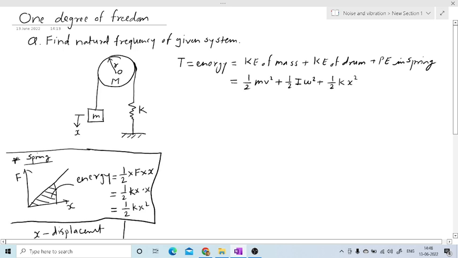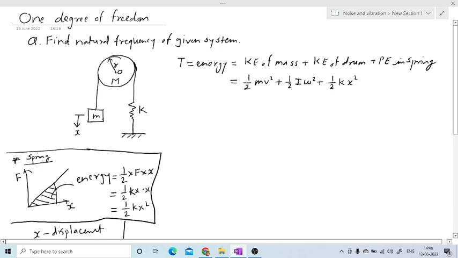kx square. Now how to find this potential energy, you can see in the box on the left side. I have taken it from the machine design topic, in which there is a topic called spring. Spring force is always proportional to displacement, so F and x are proportional, which gives a straight line. The area under the curve is nothing but the energy stored in the spring.